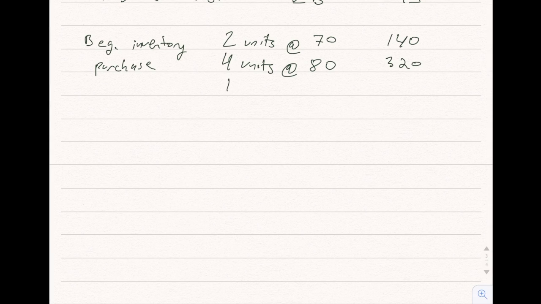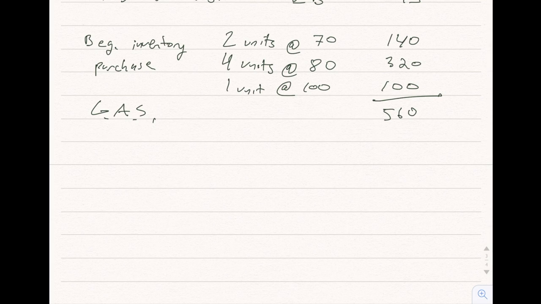And then 1 unit at 100 is a purchase that happens afterwards. So your goods available for sale, just put an acronym there, are just the sum of this. So it's going to be 560 again.